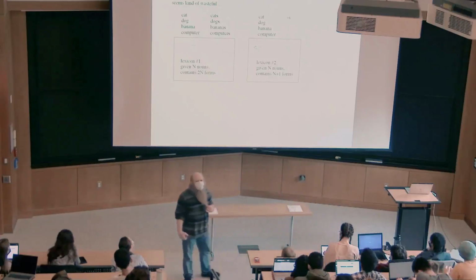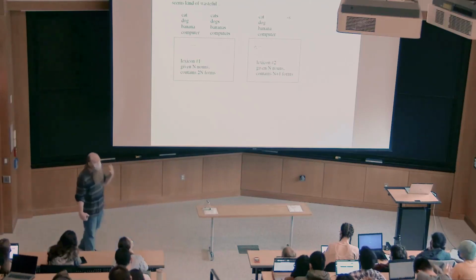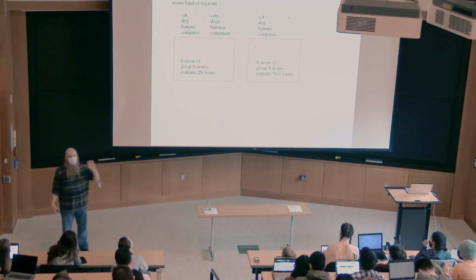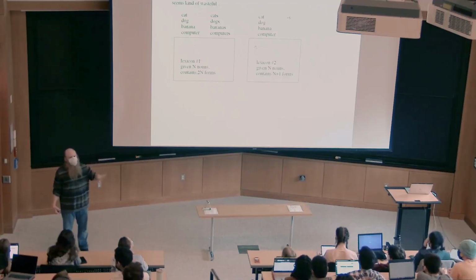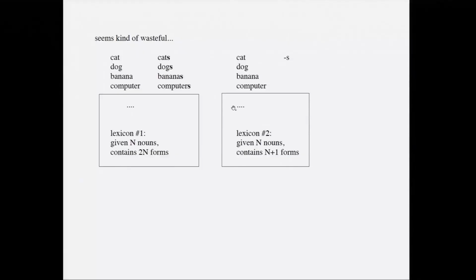But that seems kind of wasteful and inelegant. Because what we're failing to recognize, if we decide to have one lexical entry for cat and another one for cats, is that those two lexical entries seem to have a lot in common. They both start with cat, right?